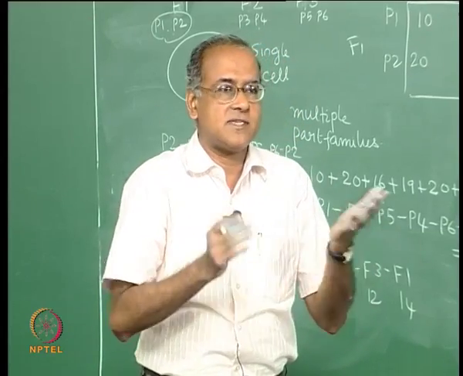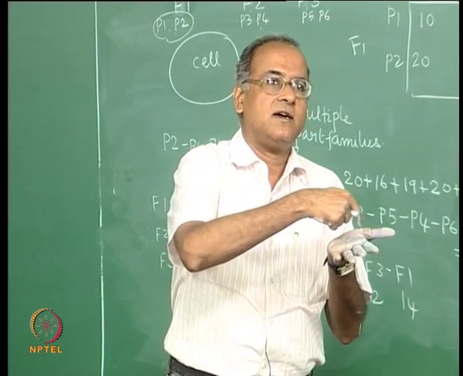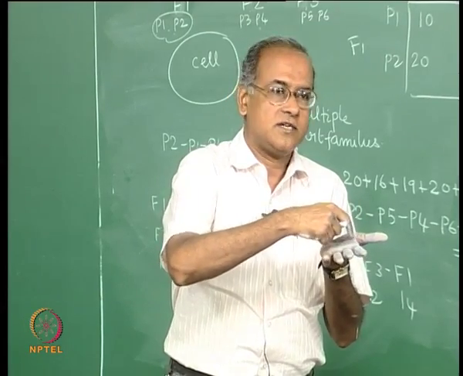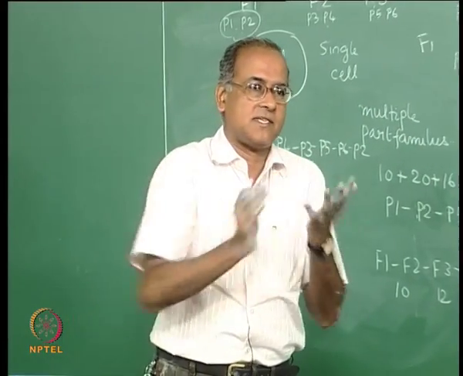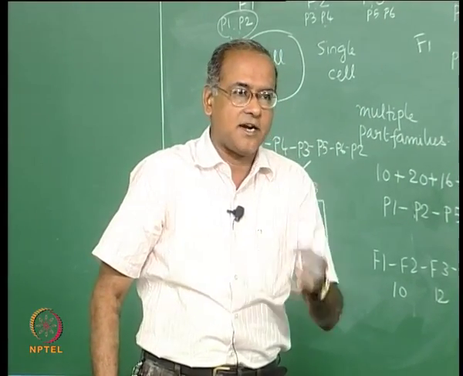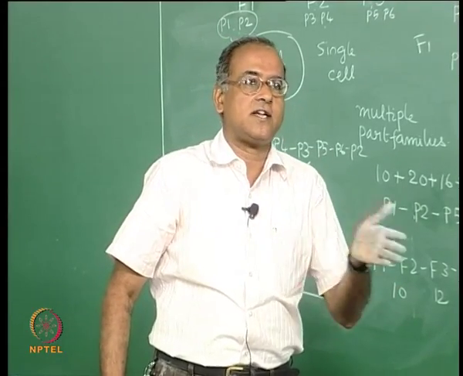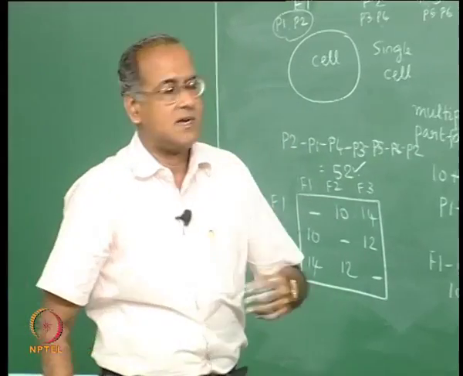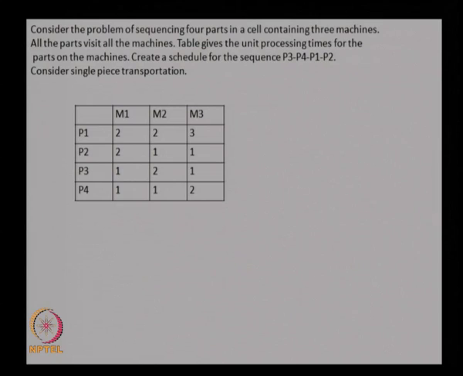So, part families have to be scheduled, and within the part family we will have the items that are being scheduled. The basic idea to exploit the part family concept is to schedule parts within a part family together, so that the changeover times can be minimized. That is best brought out through this particular example.